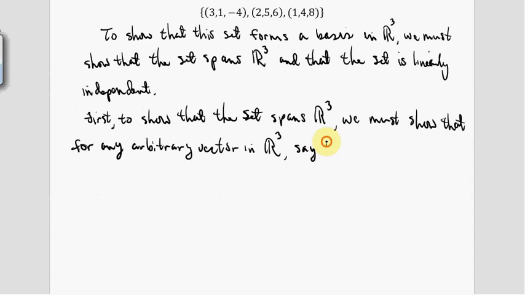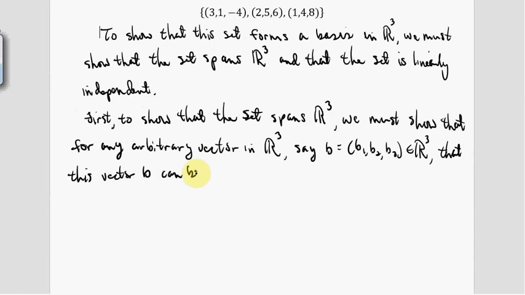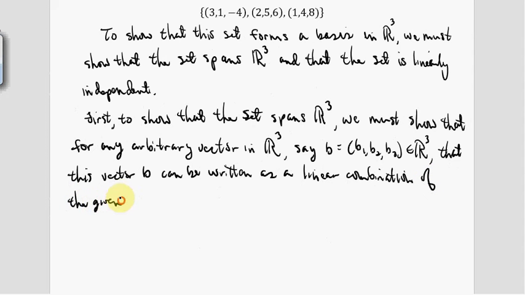Say here, say B, that this vector B can be written as a linear combination of the given vectors.